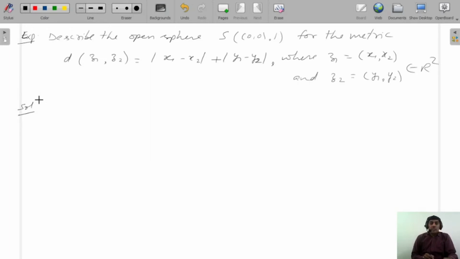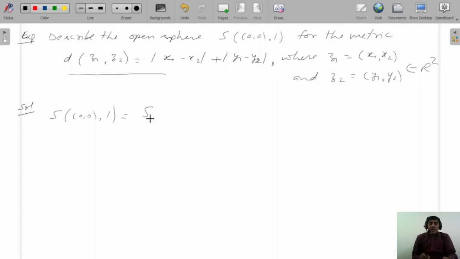In this question, R square is the set. d is the metric defined on R square as d(z1, z2) is equal to modulus of x1 minus x2 plus modulus of y1 minus y2. We draw a sphere centered at (0,0) with radius 1.